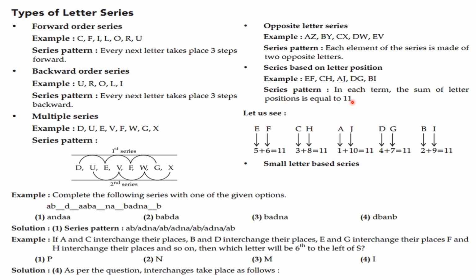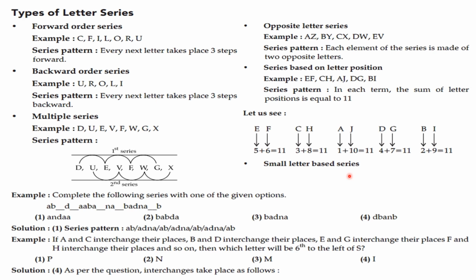Series pattern: in each term, the sum of the letter positions is equal to 11. EF: 5 plus 6 is equal to 11. CH: 3 plus 8 is equal to 11. AJ: 1 plus 10 is equal to 11. DG: 4 plus 7 is equal to 11. BI: 2 plus 9 is equal to 11.